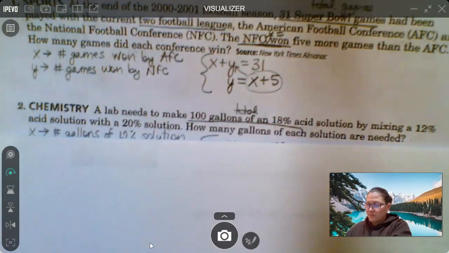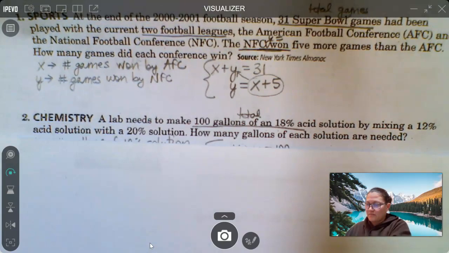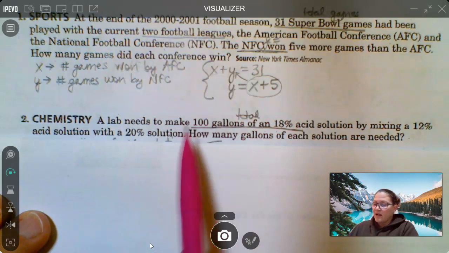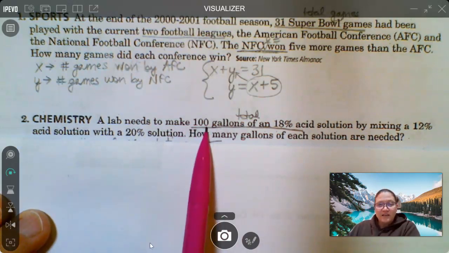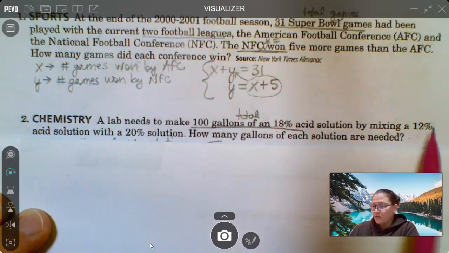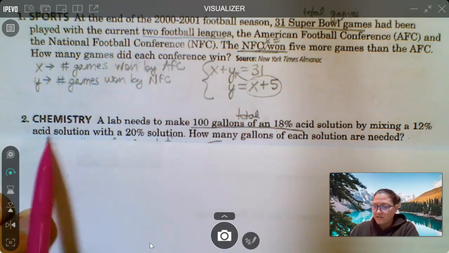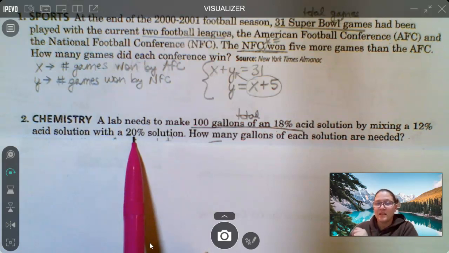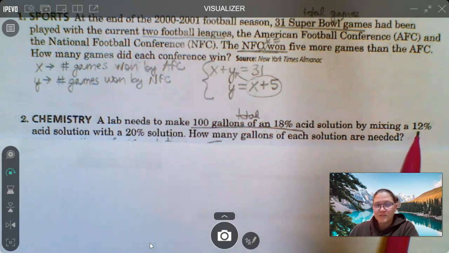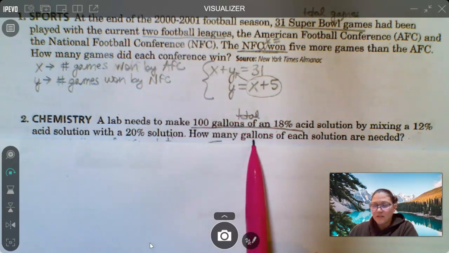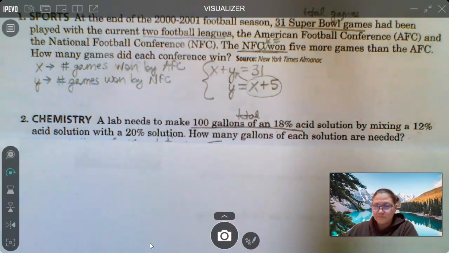In the second example, this is another chemistry example. So just like before, we have a lab that needs 100 gallons and that solution has to be 18%. And we are going to start with a 12% acid solution and then mix it with a 20% acid solution. So I know I have 2 variables again, my amount of 12% and my amount of 20%. And then I want to know how many gallons of each solution are needed.